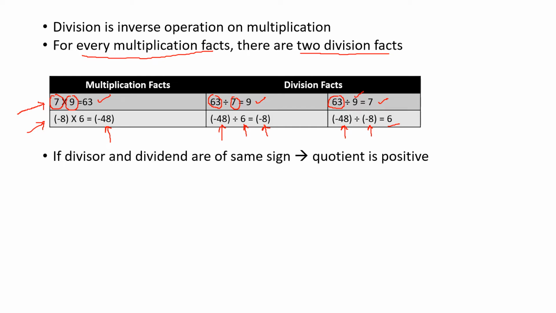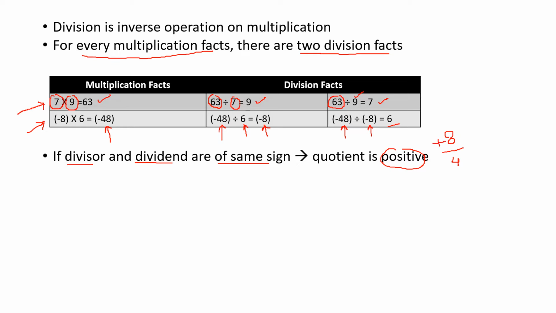So there is a very simple rule for division. If divisor and dividend, that is numerator and denominator you can call, are the same sign, the result will be positive. For example, let's take 8 divided by 4. Both are positive.